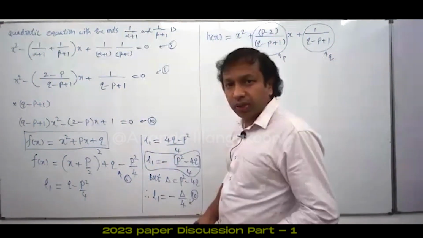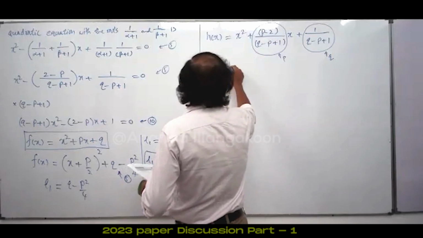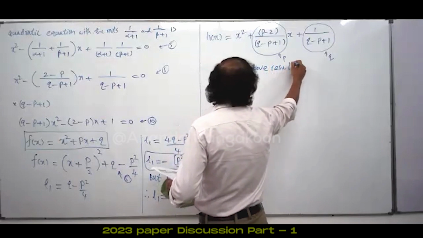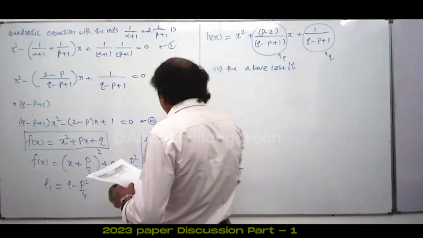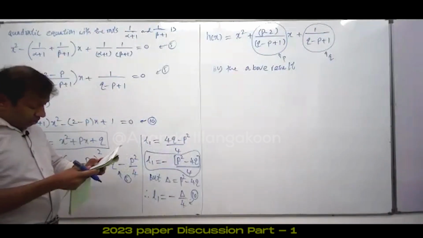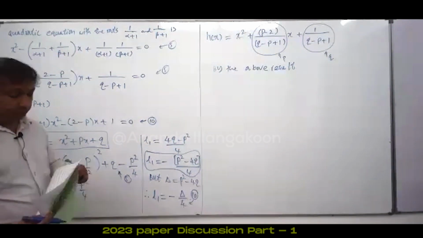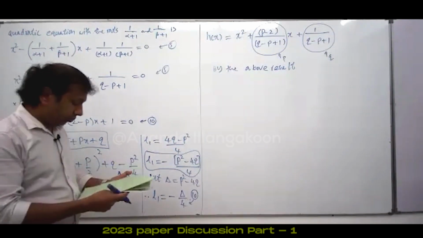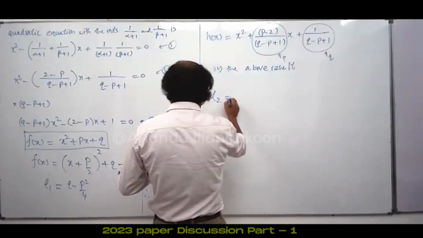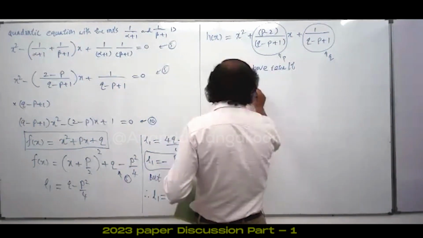Then I follow like that, right? You can write by the above. The minimum value of this hx is given as L2, no? Then I can write L2. L2 will be minus, within bracket.